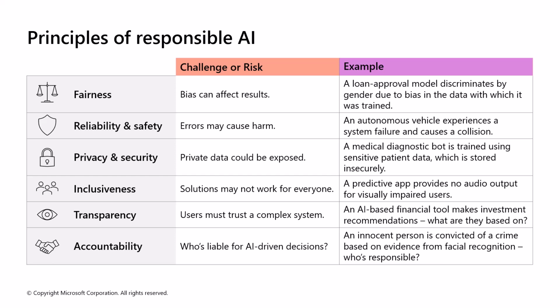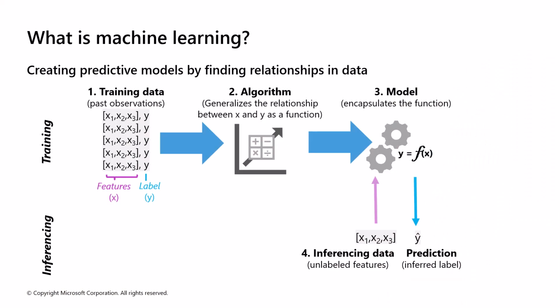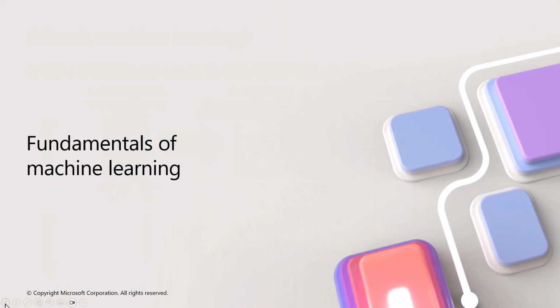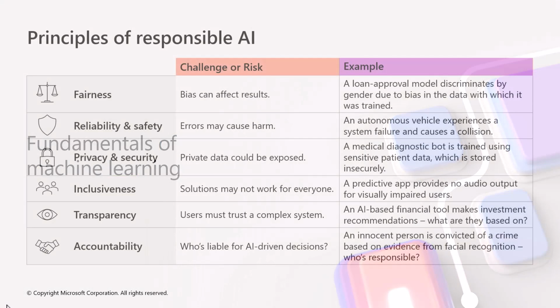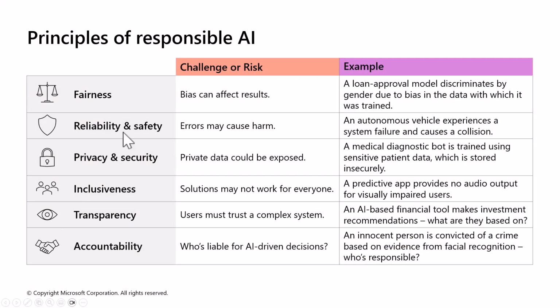And if you check the table here, the table analyzes some of the risks, as well as some of the risks that are involved in generative AI. For example, in terms of bias, it can affect results.